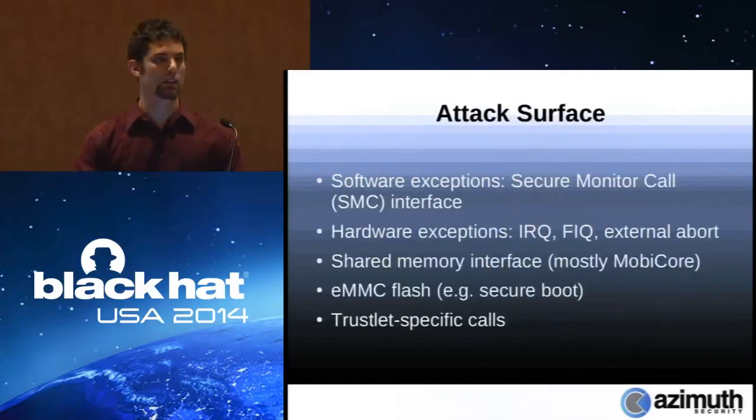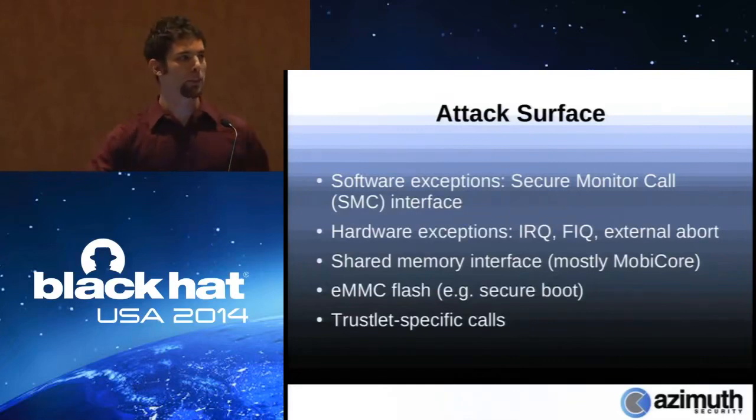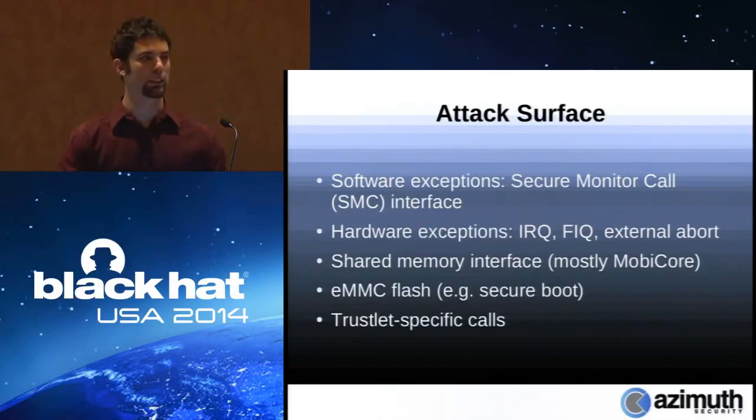Now, I find it's a useful exercise whenever beginning any sort of vulnerability research endeavor to enumerate the attack surface that's present on the target. In this case, by far the most lucrative piece of attack surface was a software exception mechanism called the Secure Monitor Call, or SMC. SMC is an ARM instruction, which is a privileged instruction, meaning it can only be executed by the kernel, that is somewhat analogous to a system call.